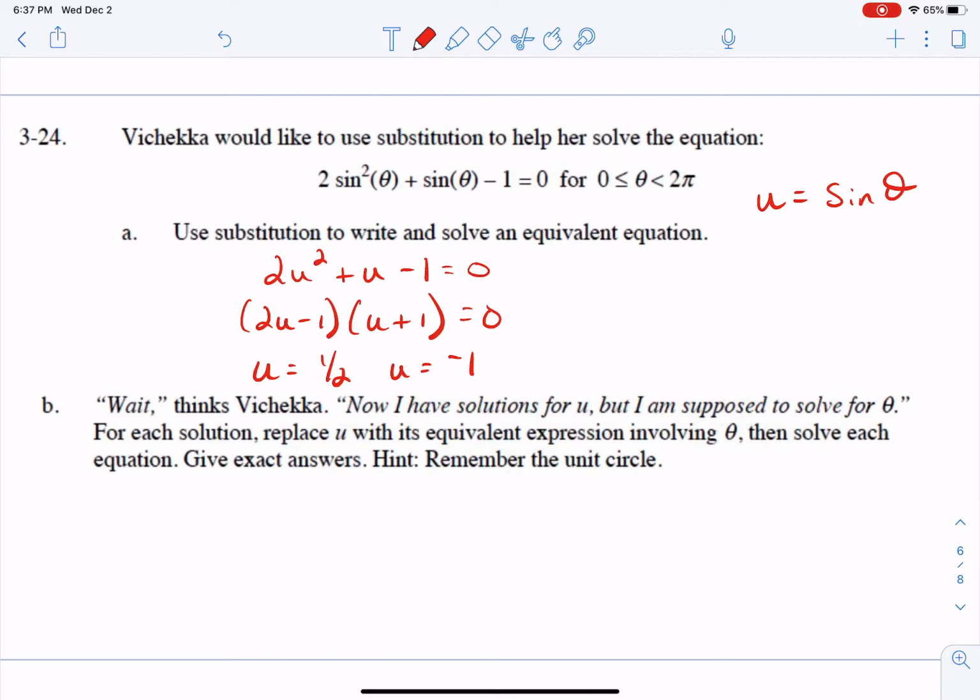So substituting my sine value back in, I've got my solutions for u, but now I need to solve for theta. So this is saying that the sine of theta is equal to 1/2, and the sine of theta is equal to -1.